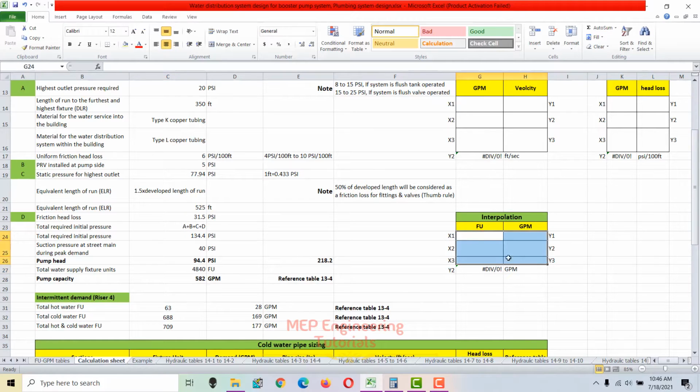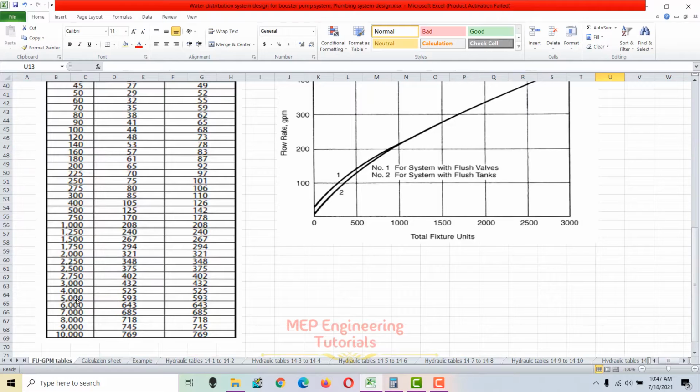This is the interpolation formula which I am going to use to get the exact value. We have 4000 fixture units and 5000 fixture units, and we need to calculate GPM at 4840. So as I apply the values, you will see the GPM calculated here. At 4000 we have 525 GPM, and at 5000 we have 593.